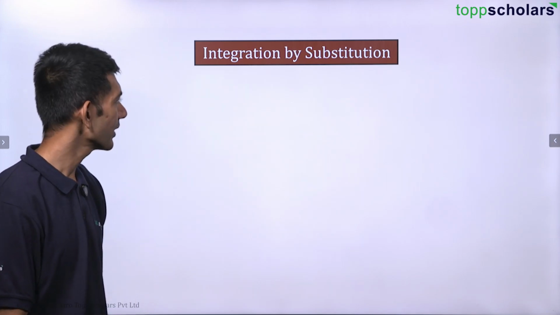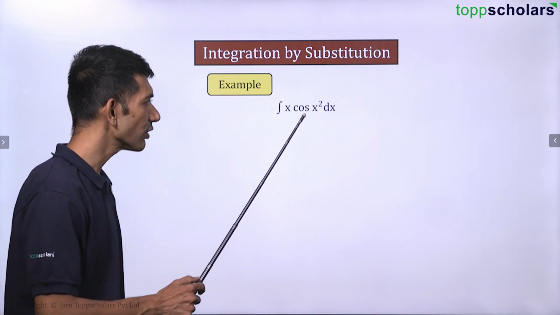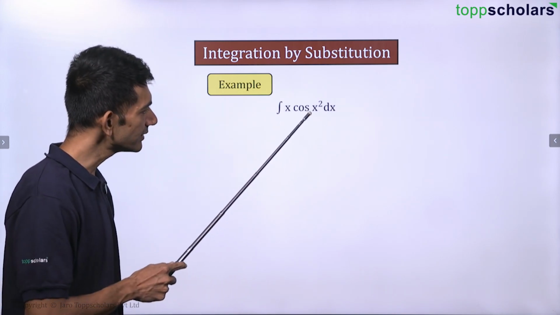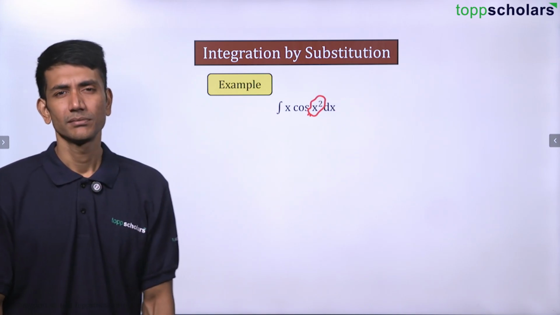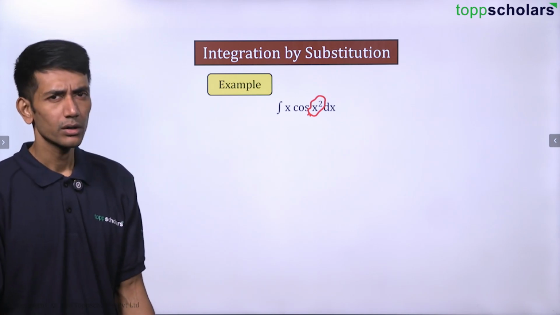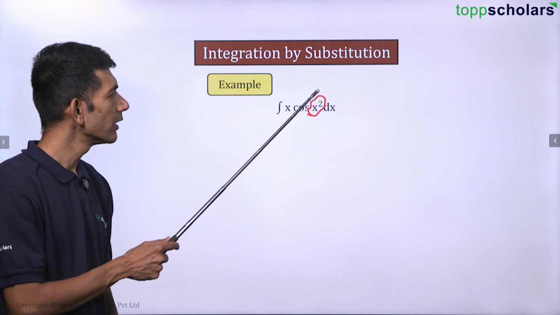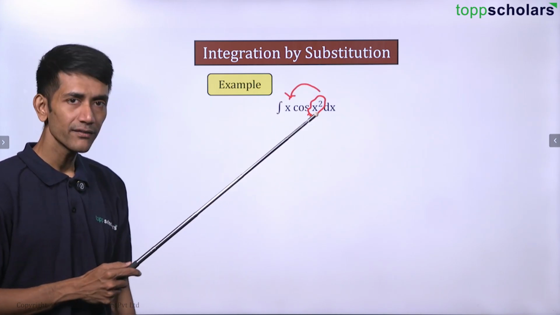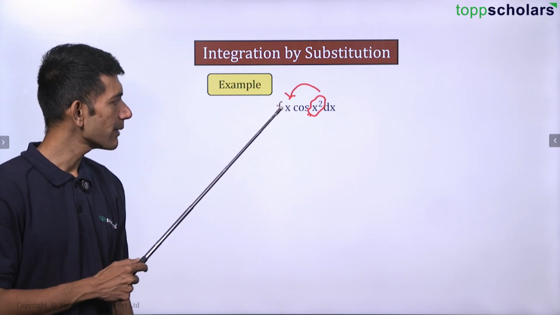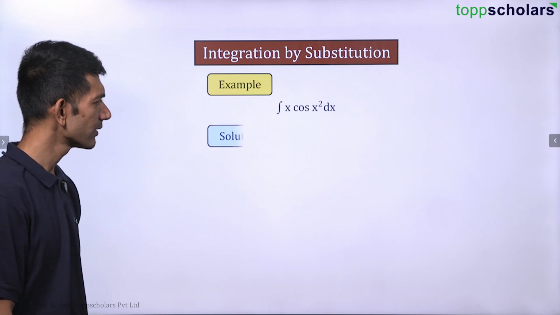Simple? Okay. Let us see an example. So it has x cos x square dx. Now see this x square, you can take it as t or u or whatever you want. That's your choice. And once you take the derivative of that, its derivative is 2x. So x is already available. You can later multiply by 2, divide by 2. You can also replace it with dx later.